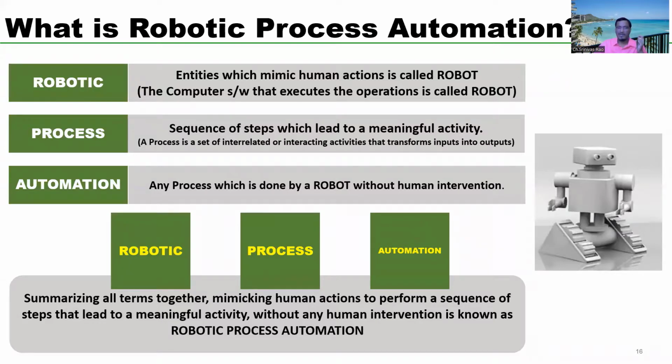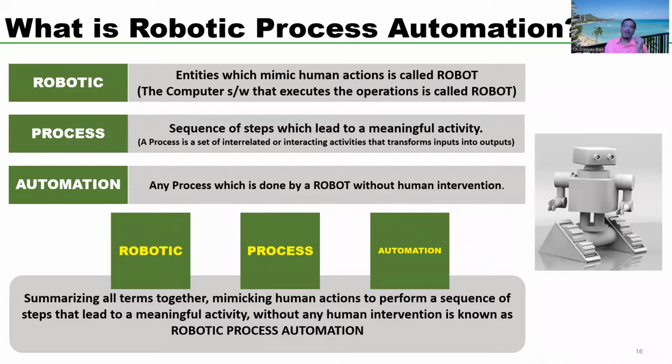A process is a sequence of steps with a definite start and a definite end in order to convert inputs into the desired output. There are some sequences of steps, related activities, altogether called a process. What is automation? Any process which is done by a robot without any human intervention is automation.